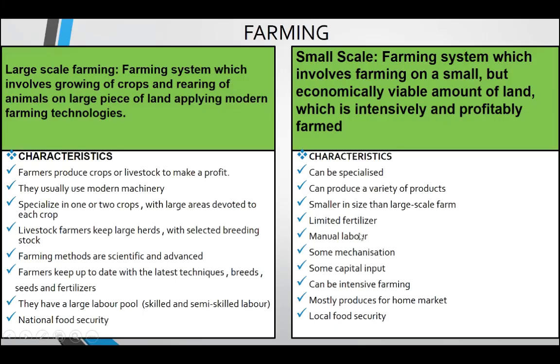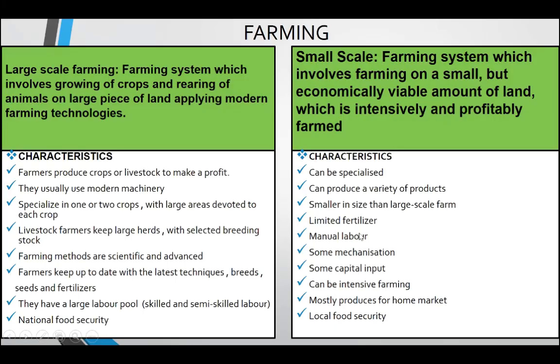But usually the questions will be specific to local food security or national food security. But if you have to choose between the two farming types, and the question says which one will contribute more to food security, you will just have to look at the quantity, which one produces more. Then that is how you'll get your answer.